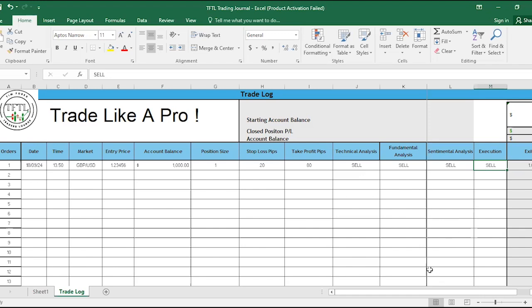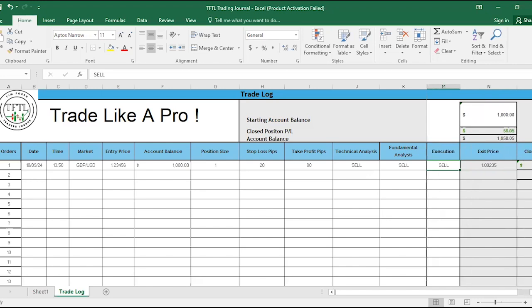All right. So when you look at it from this particular angle, here you can still have your starting account balance, $1,000. You have your closed position profit and loss, so that is $58. Maybe you made $58.05 out of this trade, and now your account balance increases to $1,058.05.